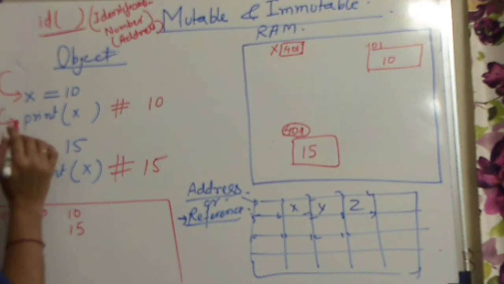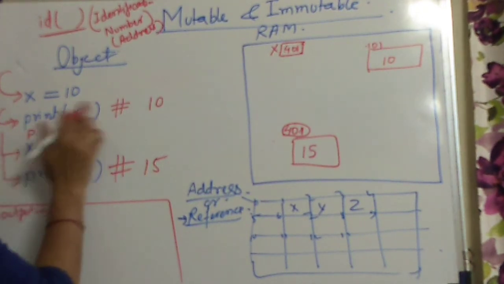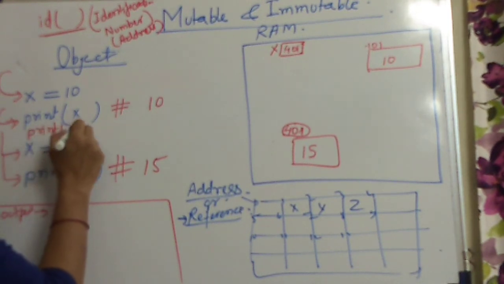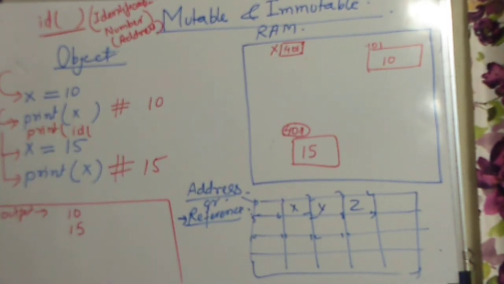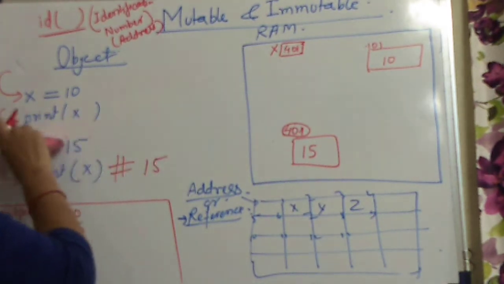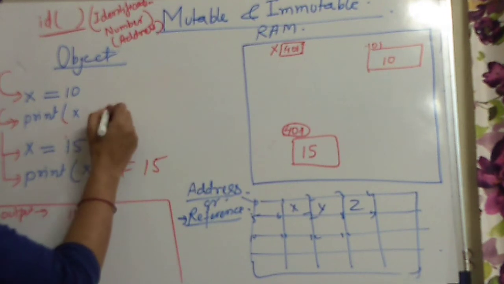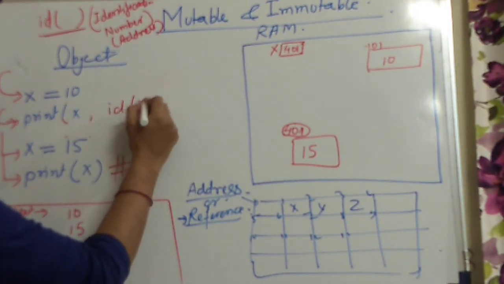So I am going to add one line here. Let us write print id. Let us change it here only. I am going to write it with the reading so that it will be clear to you. This has been changed, id x.